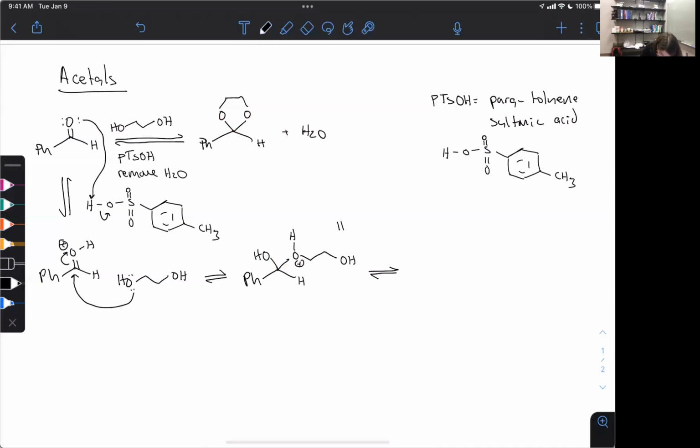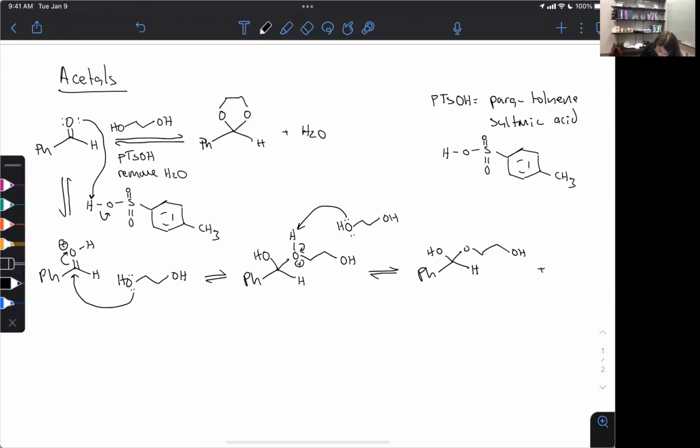So we're going to go ahead and deprotonate here. I'm just going to use another equivalent of ethylene glycol to do that. You're going to have a lot of whatever alcohol you're using around. So it's never a bad one to use whatever alcohol or amine that you have as a base for any of the acetal or the amine-enamine reactions. So we can go ahead and deprotonate that positively charged oxygen. That's going to get us to a neutral intermediate.